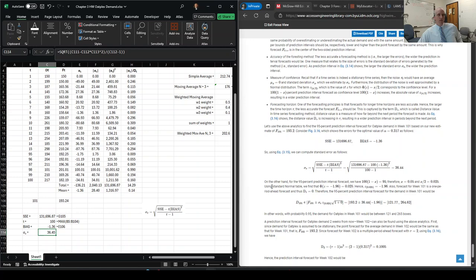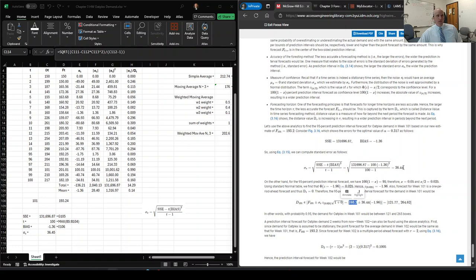What we're going to find is when we use the standard normal table, we're going to find a probability distribution for that 95%. And we're going to use the 0.025. And we're going to use that to find a z-score of negative 1.96.